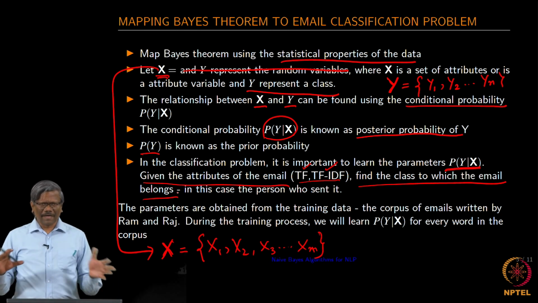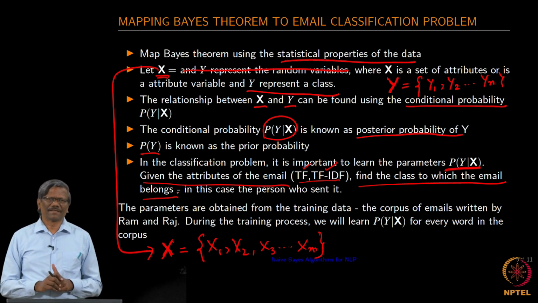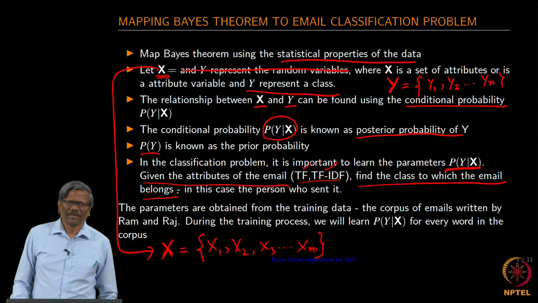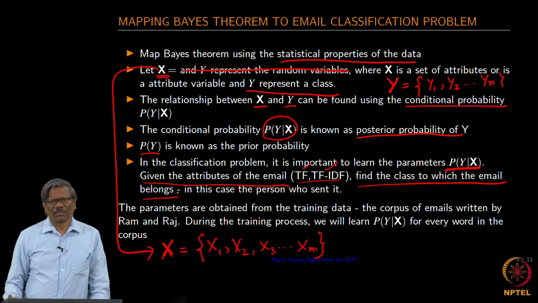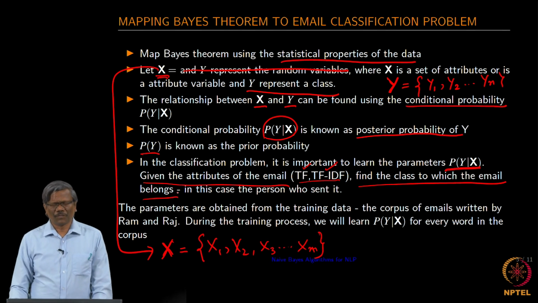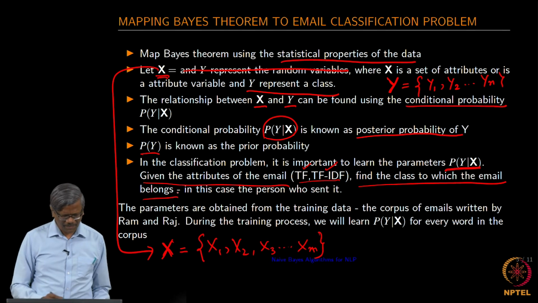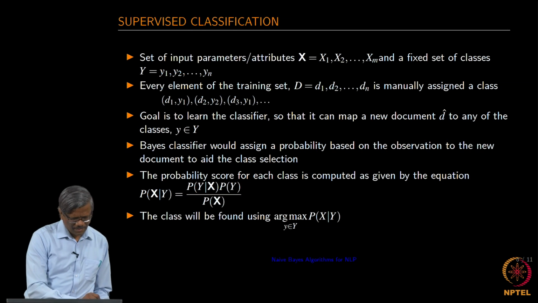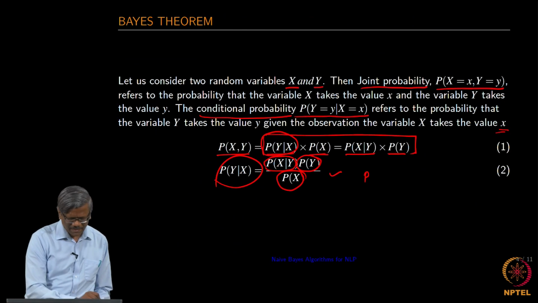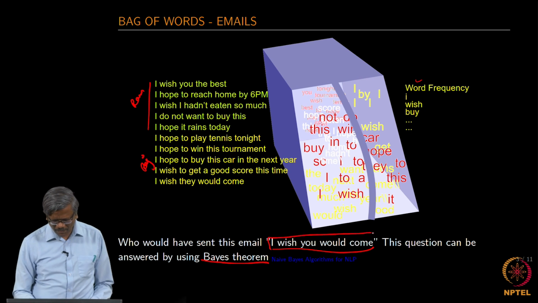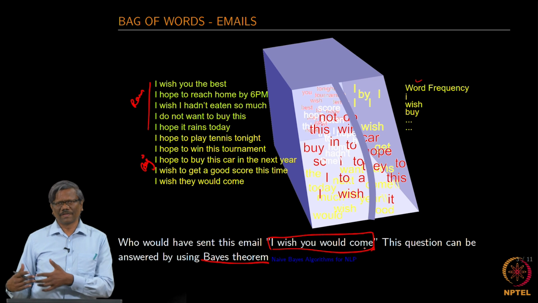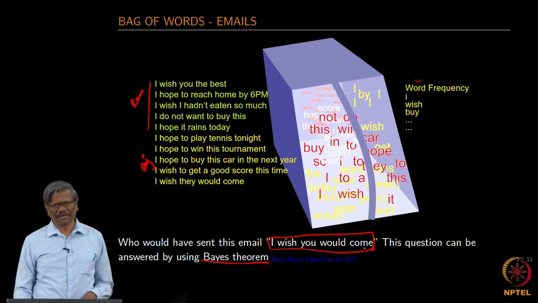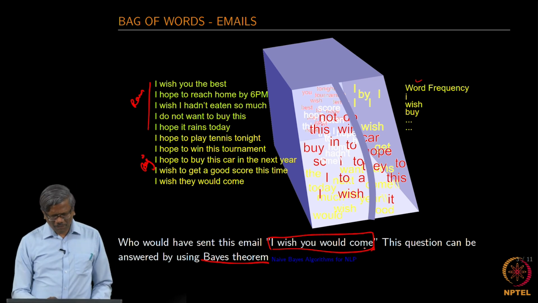Now we have the data set that has been extracted from the training samples. Now how can I go and find out who had sent the mail? We want to find out, based on the training data that we have, or the labels that we have created, who had sent this particular mail.